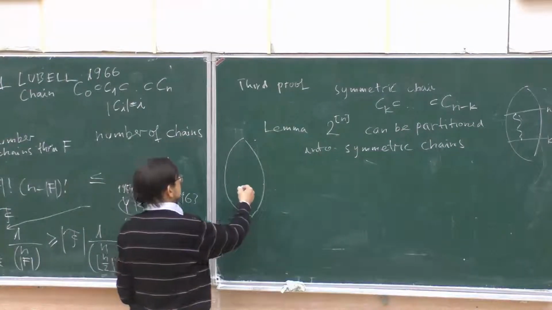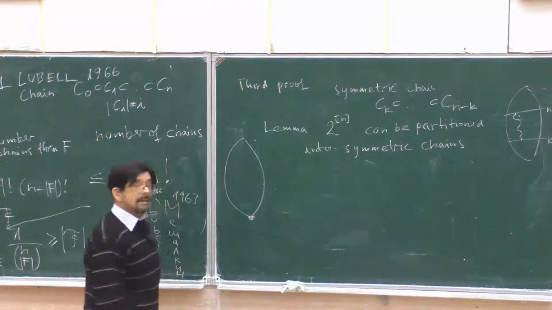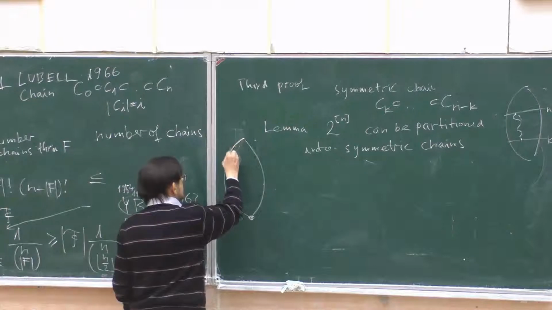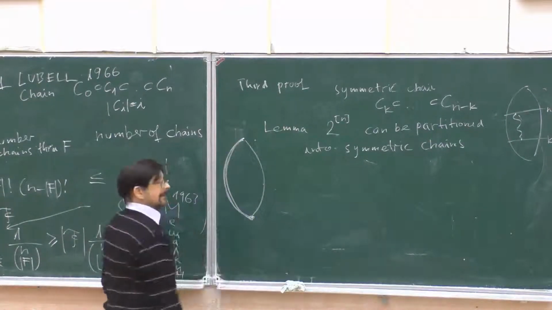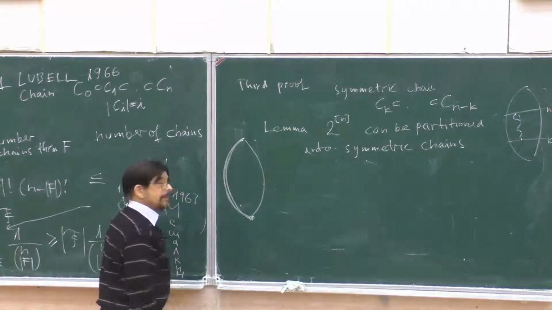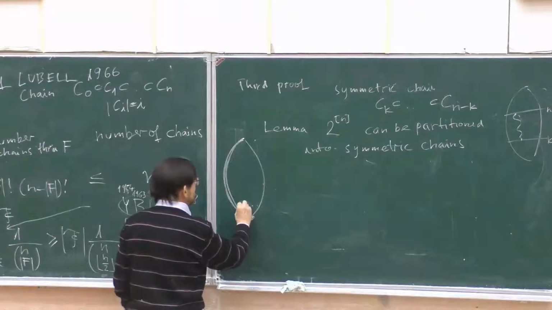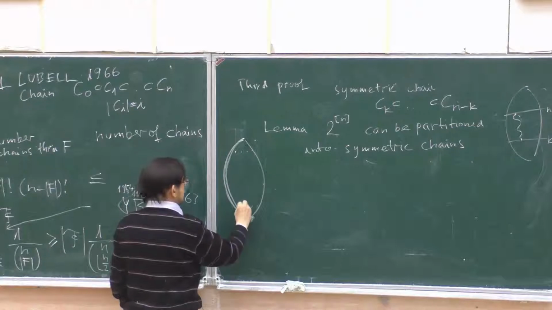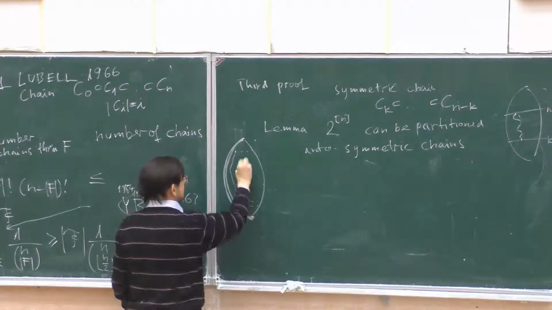So this must be in a chain, and because it's symmetric, certainly we have a chain like that. Then the one-element sets are already settled, and for every one-element set, we need a chain going to the n minus first level.